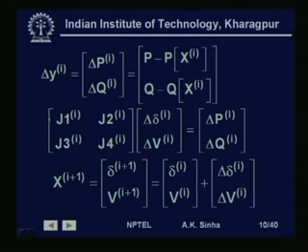this Jacobian matrix J1, J2, J3, J4. What we have done is we have divided the Jacobian matrix into 4 parts.